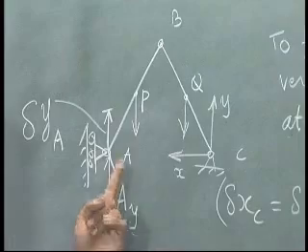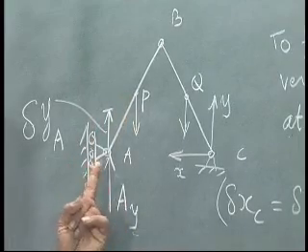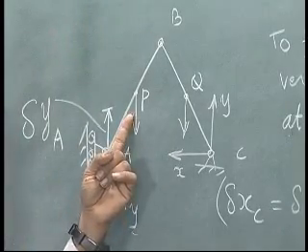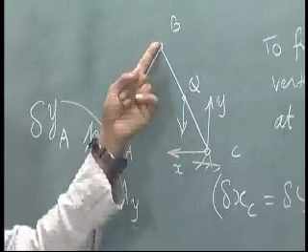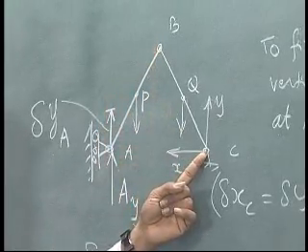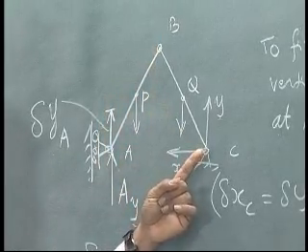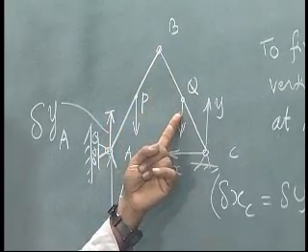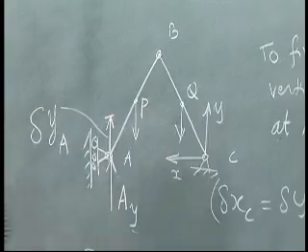Since it is at center, I average delta ya and delta yb. I will average delta yb and delta yc for this. Delta yc is 0, and therefore delta yb by 2 will be delta yq. Okay, so that is what I am going to do next.